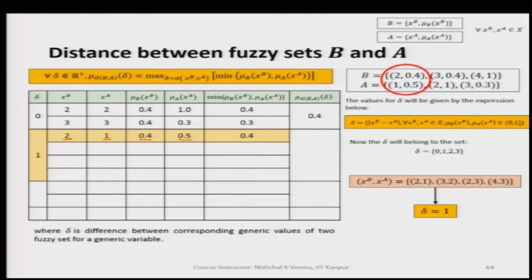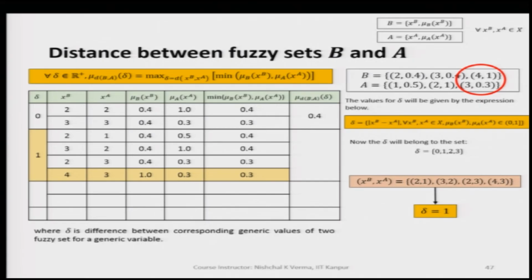This way we are able to complete the entries for the first pair, for which delta equal to 1. The next pair we have 3 2. Then the third pair, we have 2 3, and then the fourth pair, we have 4 3.